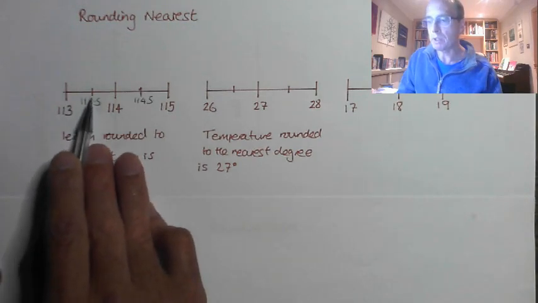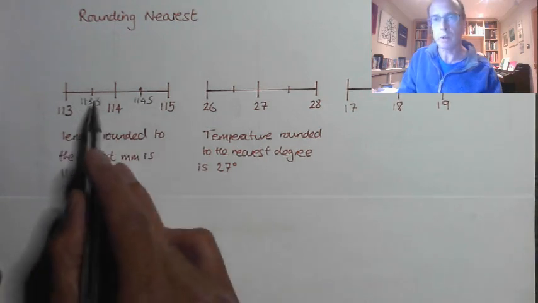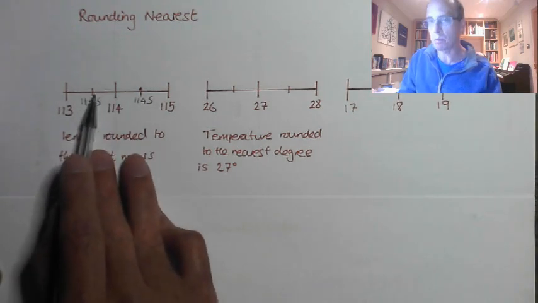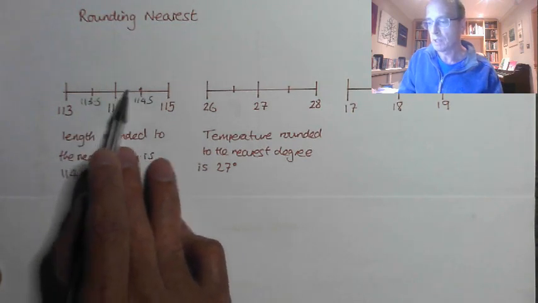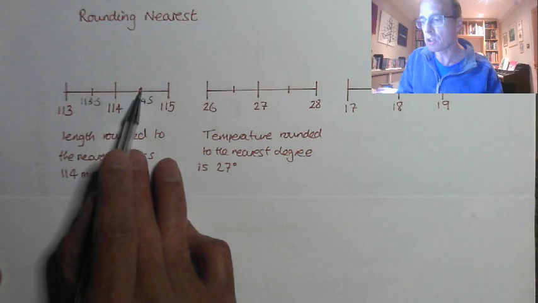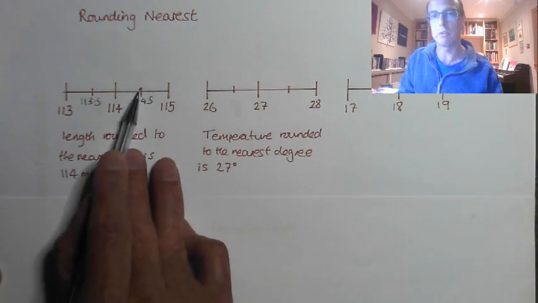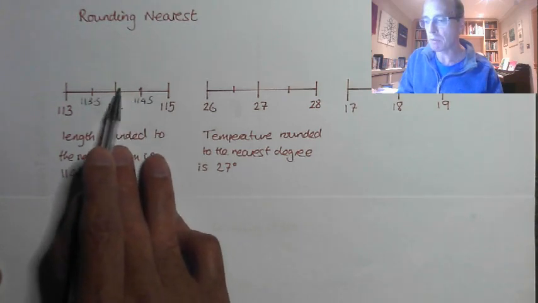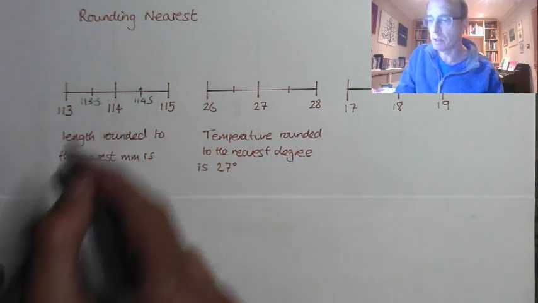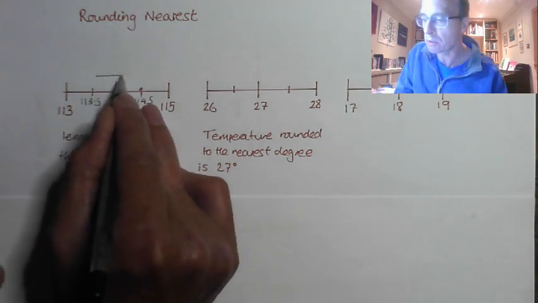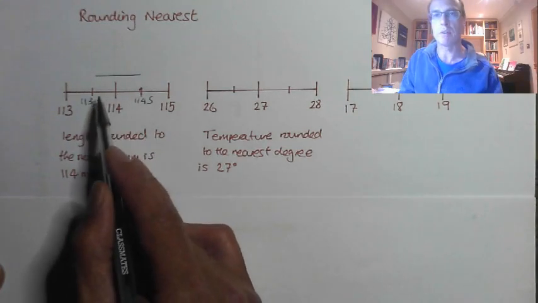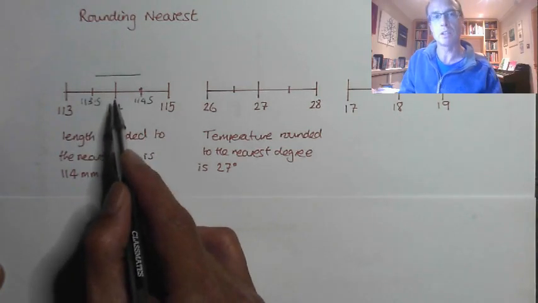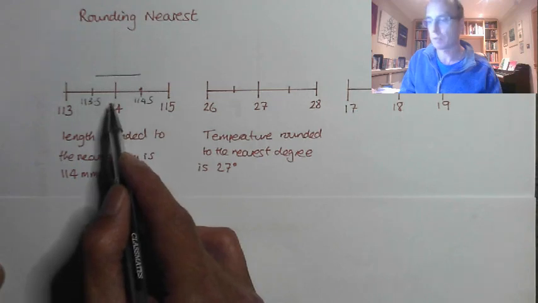If my piece of wood is 113.5, that's going to get rounded up to 114. Similarly, if it's up to, just up to, but not including 114.5, it will get rounded down to 114. So all of these values in here would get rounded to 114 if I'm rounding to the nearest 1 millimetre. Okay?